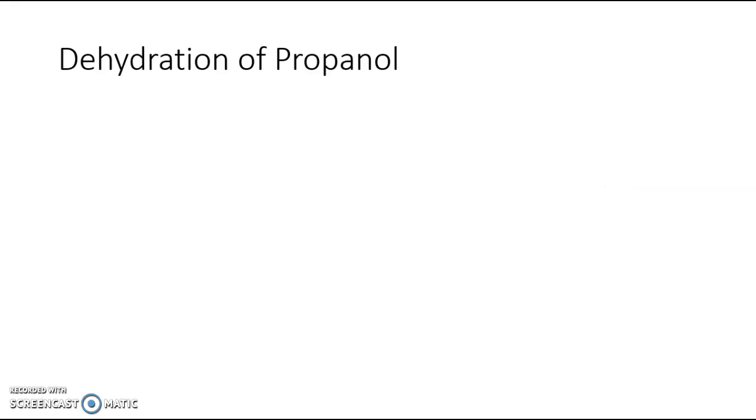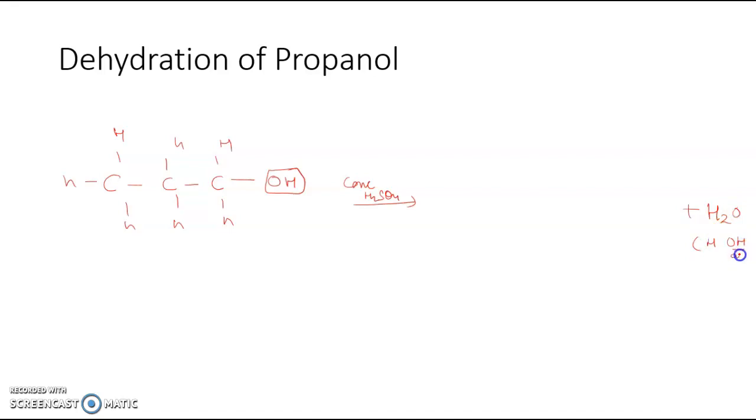So let's look into the dehydration of propanol. If I take propanol, I'm just going to show 3 carbons here attached to OH. I'm going to show the hydrogens in that format, and I have concentrated H2SO4 written on top here. What would happen is you need to remove the OH. So you're going to remove water molecules. Water is HOH. So I've got the OH from the alcohol, where am I going to get this next hydrogen?